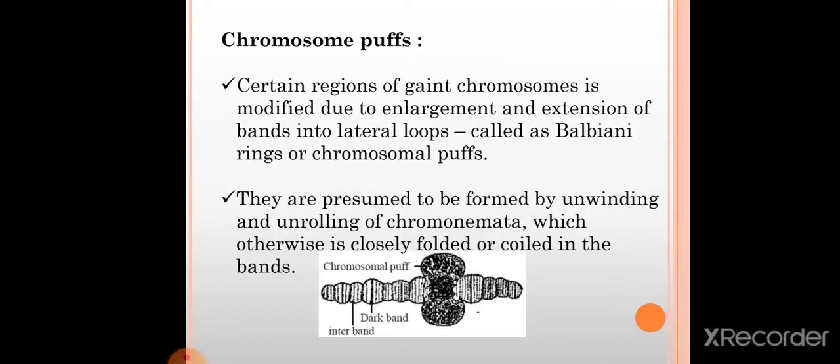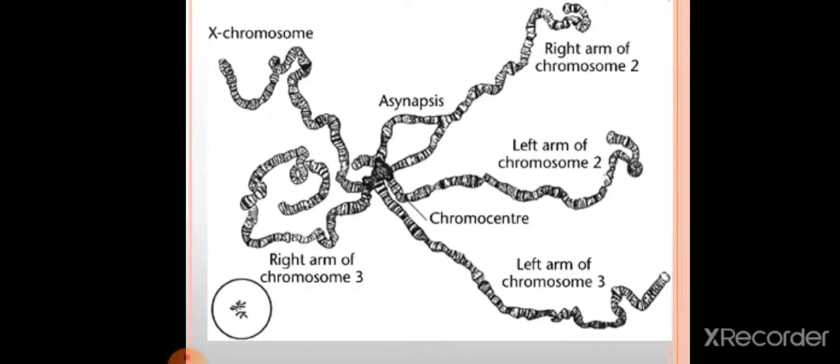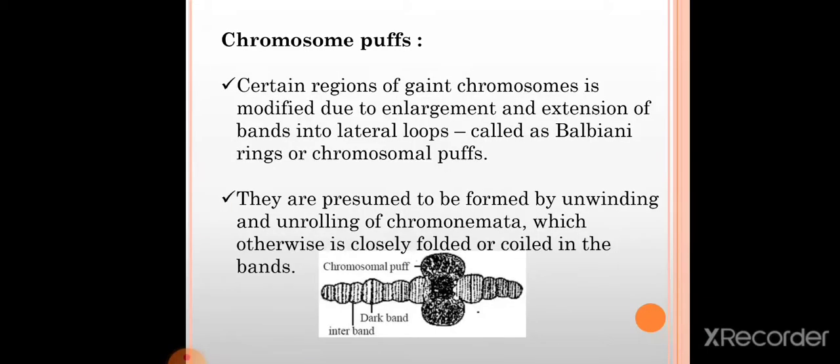Now, when you observe the structure of Polytene chromosomes, here and there, apart from the light band and the dark band, you can see certain regions of the chromosome that show swelling or are little bulged up. This bulged portion of the chromosome arm is what is called chromosomal puffs.